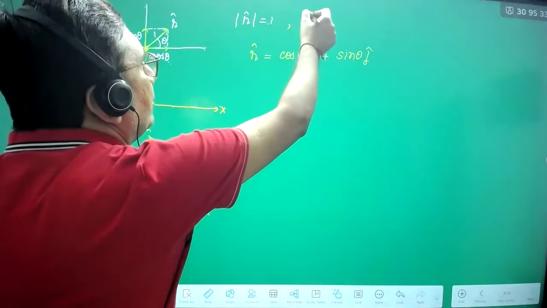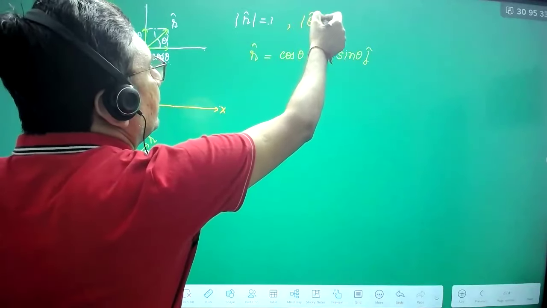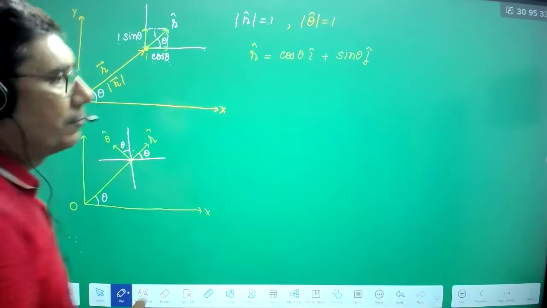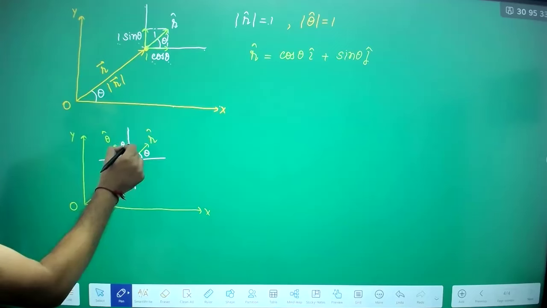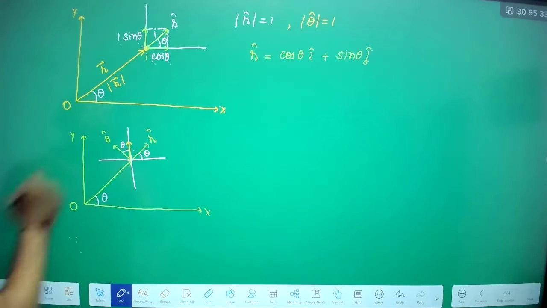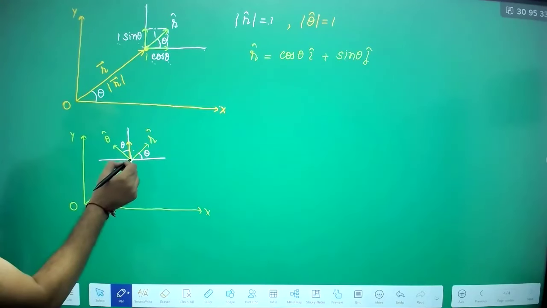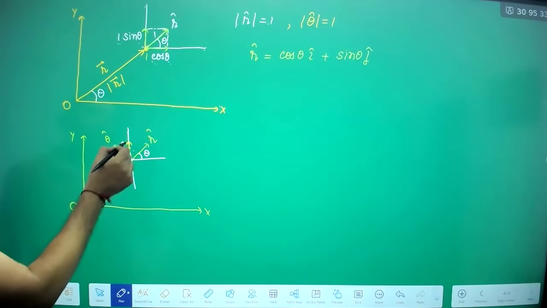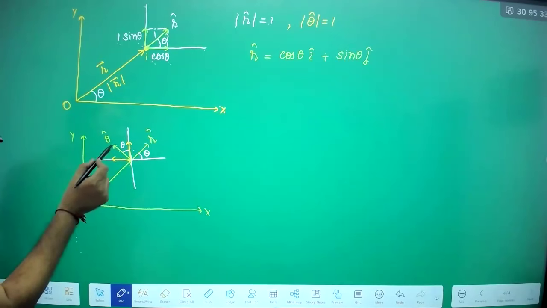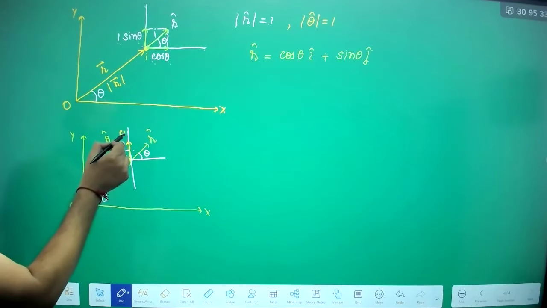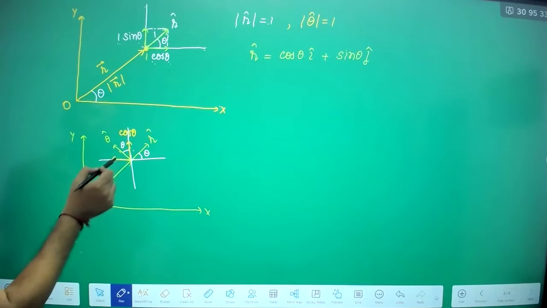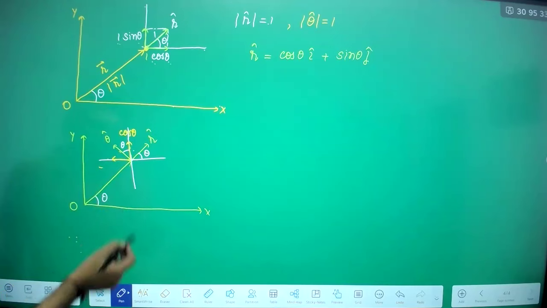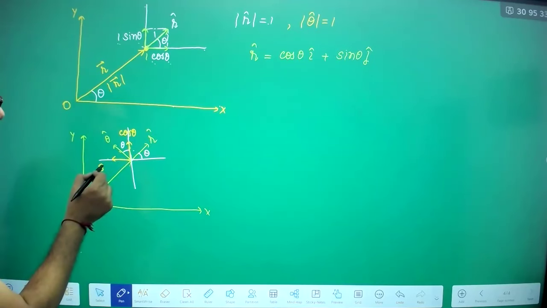Remember, the magnitude of theta cap is again 1. So if I resolve this in this direction and in this direction, the length of this vector is 1. So this will be 1 cos theta. So in this direction, it will be cos theta. And in this direction, there will be a minus sign, but because the arrow is already there, this will be sin theta.